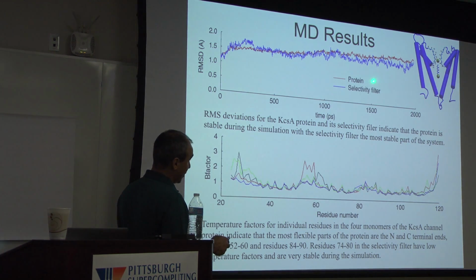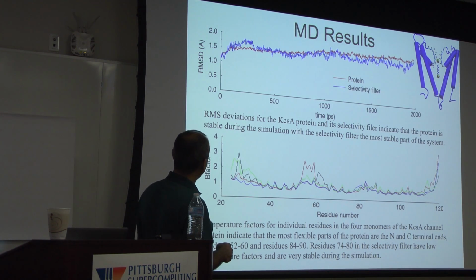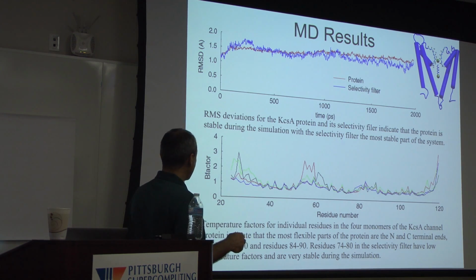I can look at the entire protein RMSD, which is the whole thing. Also looking at the selectivity filter separately to see if something is happening to the selectivity filter. You can distinguish between these different types of RMSDs and what they might mean.